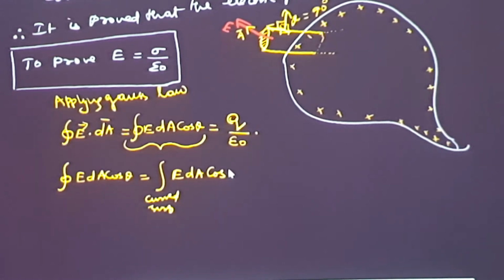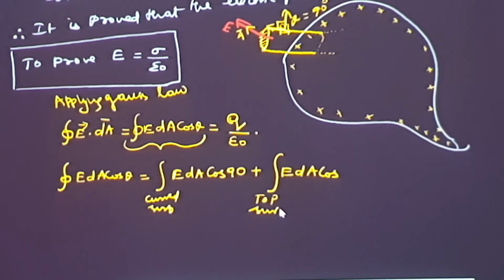So E dA cos 90, plus integral of E dA cos of, for the top surface, where the direction of the electrical field and dA vector or n cap are both along the same line. So for the top end theta equals 0, so it is cos 0.